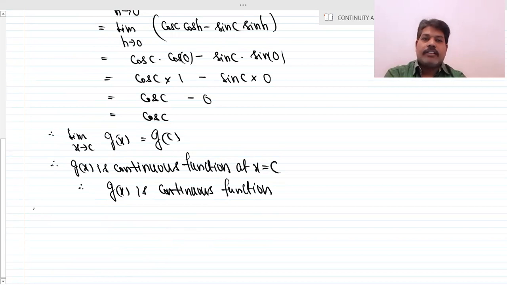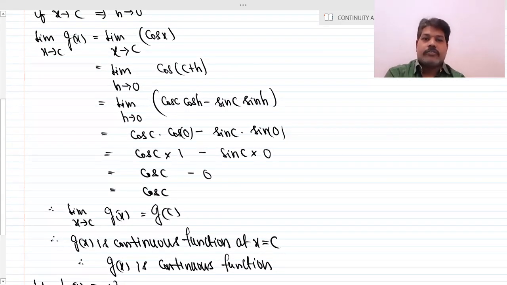So second, let h of x be another function, that is x square. h of x is equal to x square.